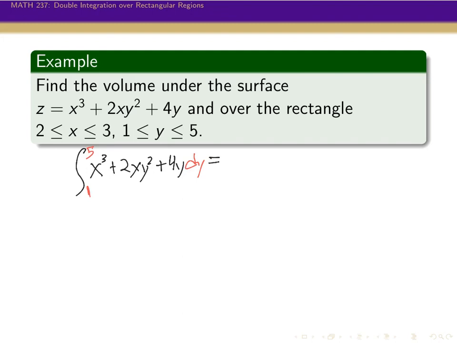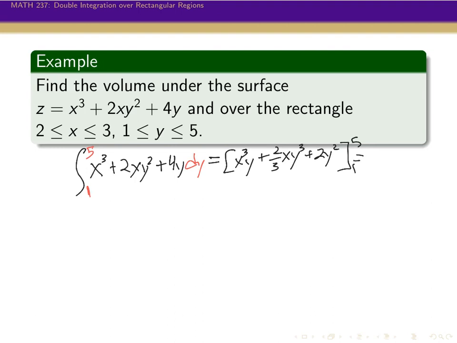And so we're going to treat all of the x's like constants. So this is going to be x cubed y plus 2/3 x y cubed plus 2y squared. And the y values here are going from 1 to 5.